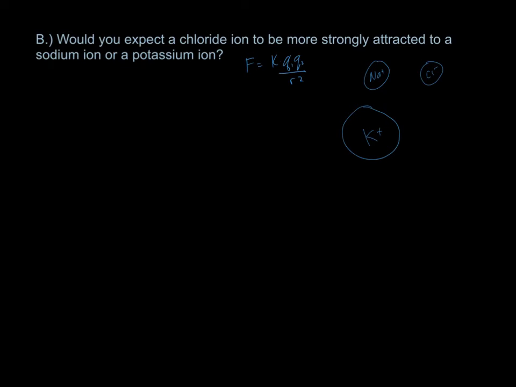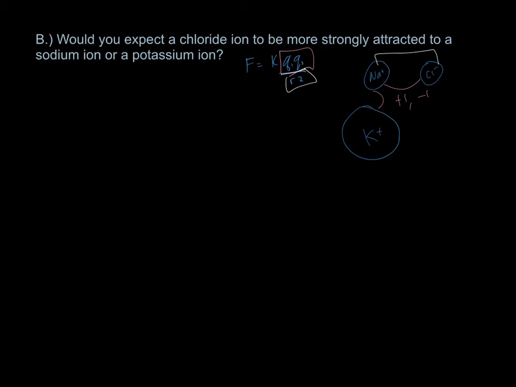So now let's see if we would expect a chloride ion to be more attracted to a sodium ion or a potassium ion. So if this term up here remains the same, which it will because all these species have the same charge magnitude of +1 or -1, now we're only concerned with this part of the term, which is the distance between the two of them. We know that the force of attraction falls off with distance proportional to the square of the distance between the two of them.